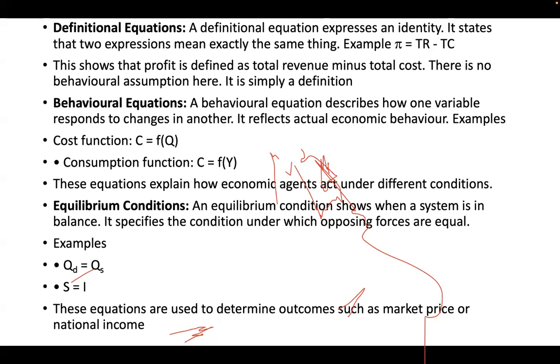That is when demand is equal to supply: the function of demand is equal to the function of supply. So these equations are used to determine outcomes such as market price or national income.